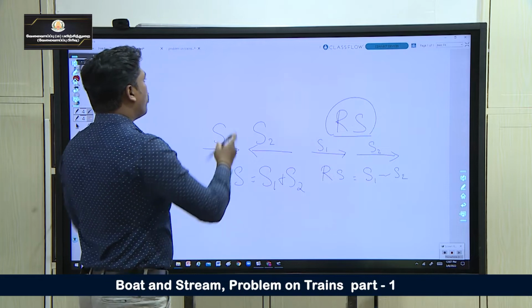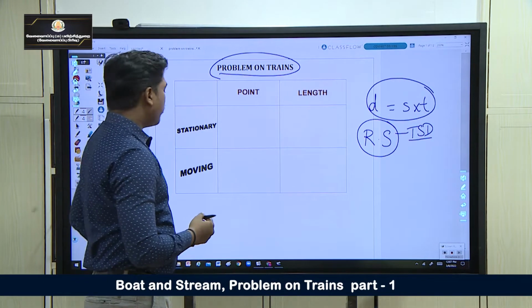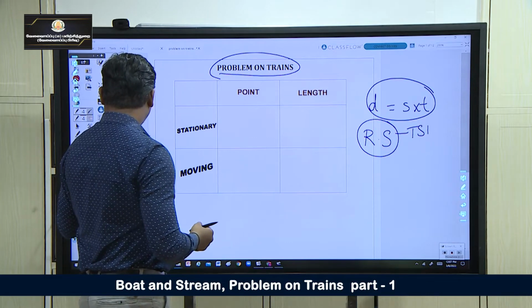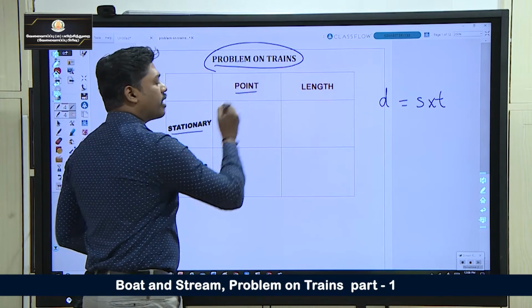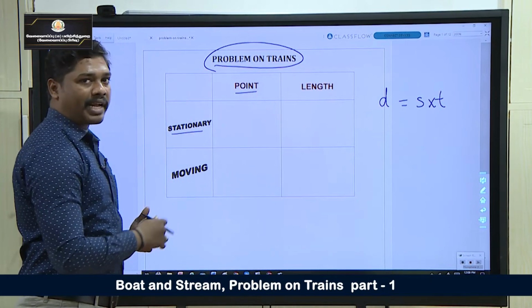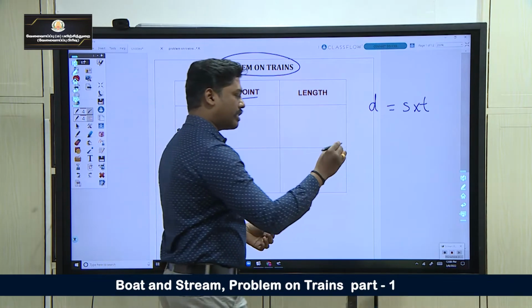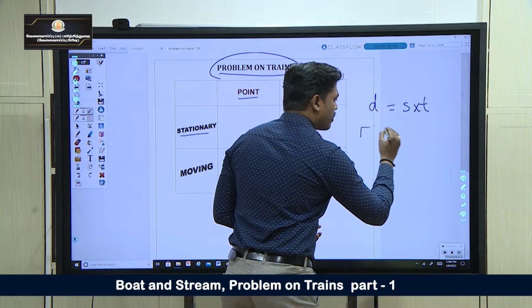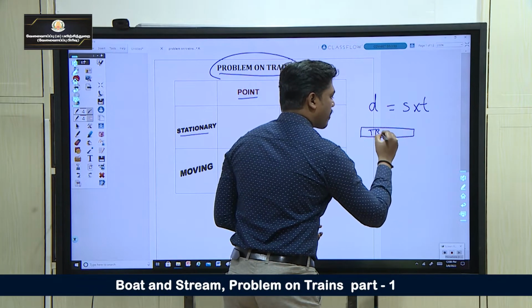So based on this, we will be seeing some problems on trains here. First let me explain you all the formulas. First let us take stationary point. So what example can I say for stationary point? Example, let me tell here, a train. This one I am taking as a train.